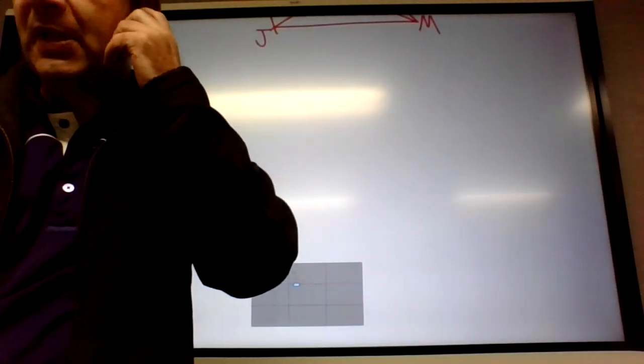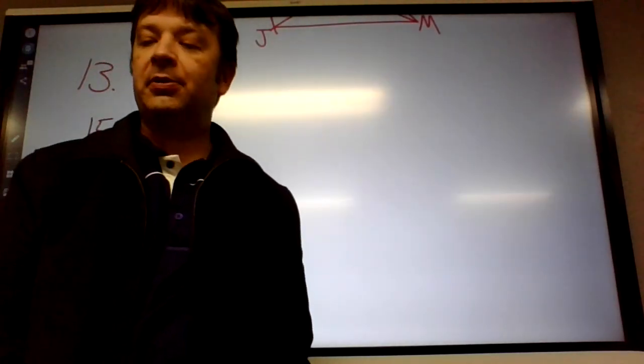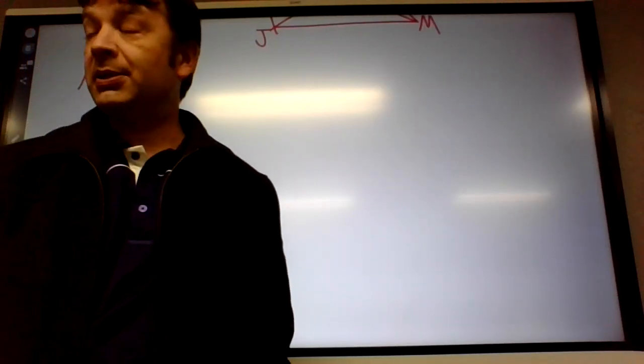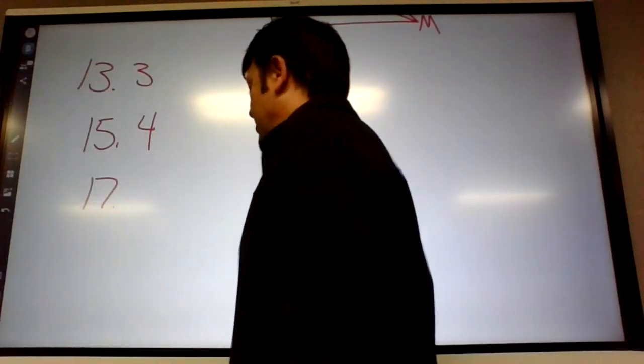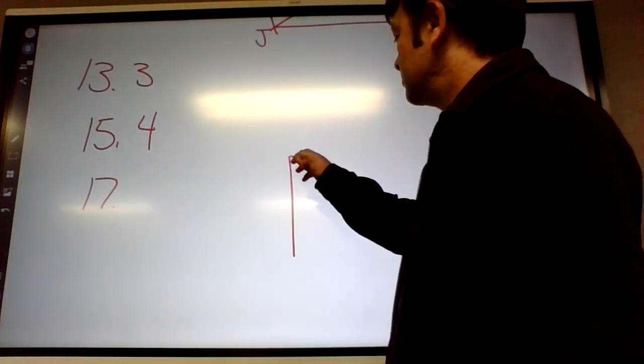17. It says the handrail, vertical supports, and bottom support rail form parallelograms. So what do you think the handrail is in that picture?